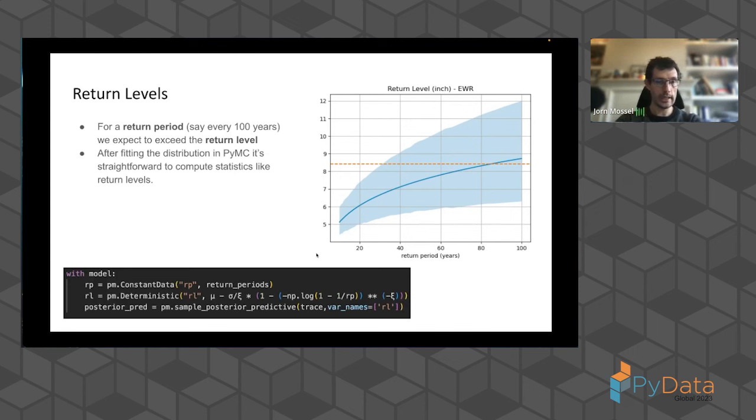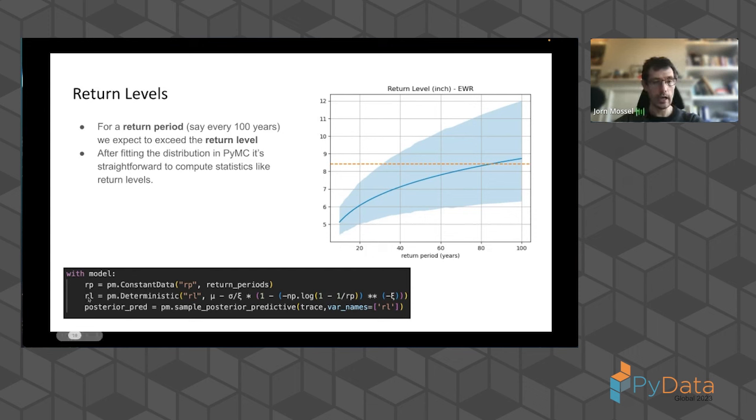And that's what I did with PyMC. This is a few other lines of code, so let's step through those. Again, we specify what our model is. Here I add some data, which is our return period, a whole bunch of values ranging from 10 to 100 years.